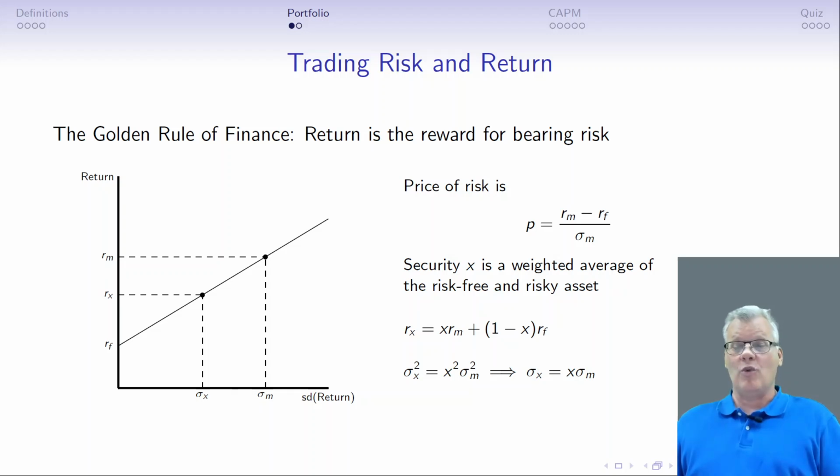It's going to be x squared times sigma squared m. And then if I wanted to have the standard deviation, which is the standard measurement of risk, it would be the square root of the variance. So the standard deviation is going to be x times sigma m. And that's illustrated on this graph to the left.